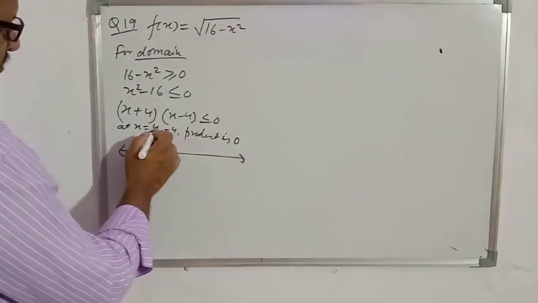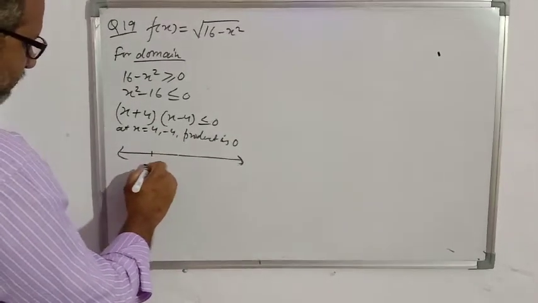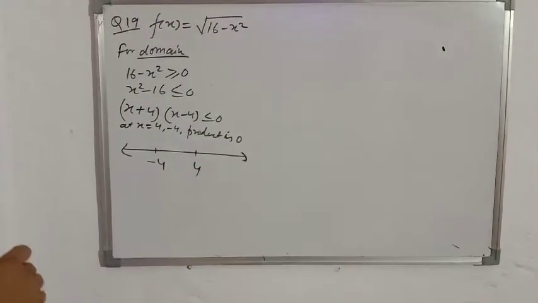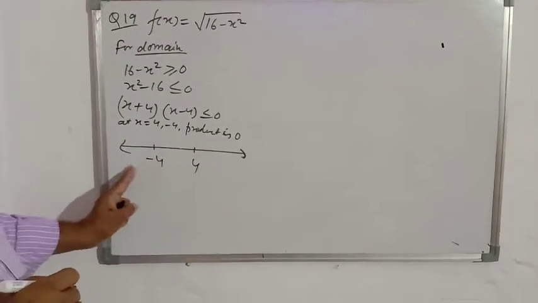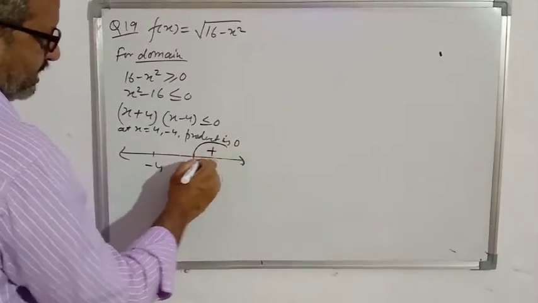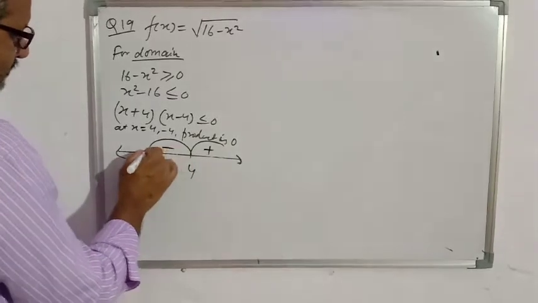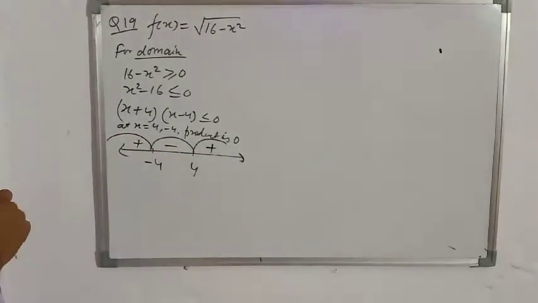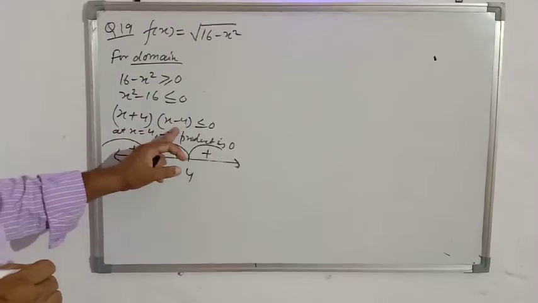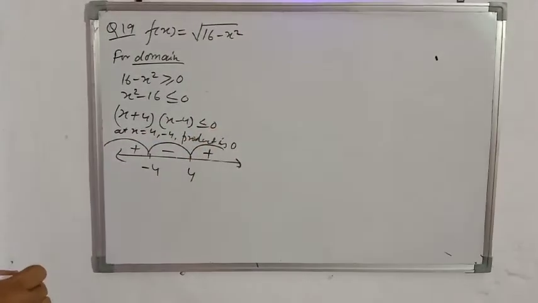So minus 4 is smaller than 4. On the number line, we will write minus 4 left side and plus 4 right side. From the right side, we take it positive, this one negative, this is positive. Here (x plus 4)(x minus 4), product of these two brackets is less or equal to 0.